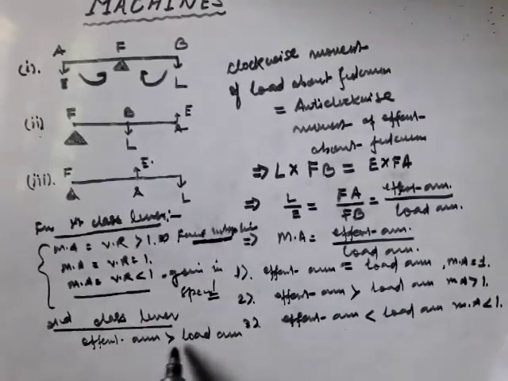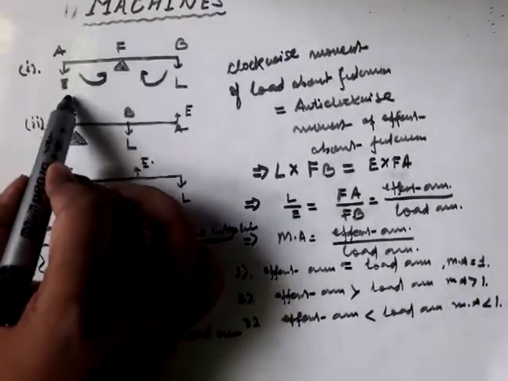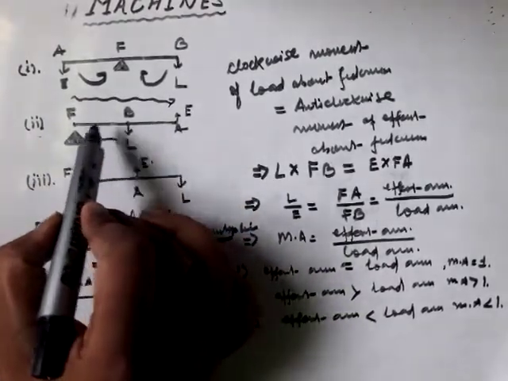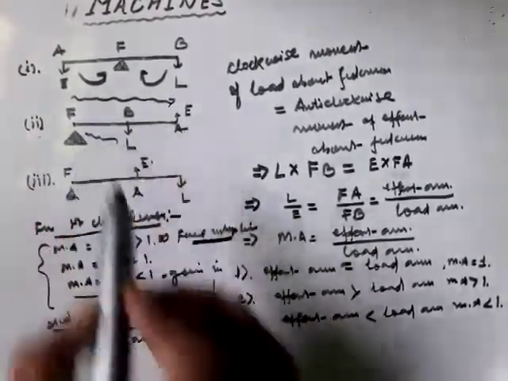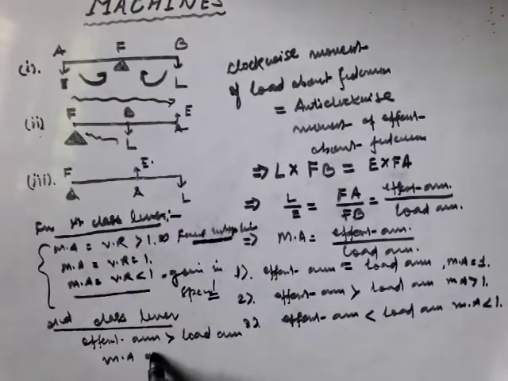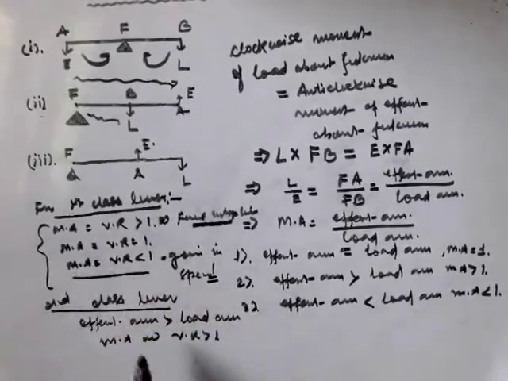Here you see the fulcrum is here, the total distance of the effort is greater than that of the load. In this condition, mechanical advantage and velocity ratio is always greater than 1. This I have discussed in the first class lever also.